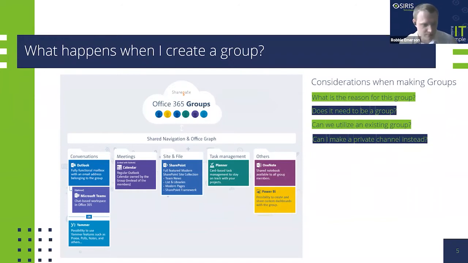It creates a Yammer site. It creates a shared calendar. It creates a SharePoint site. It creates a planner team. And it creates a shared OneNote. And what we're going to do today is talk about when you create a group and it creates all of these things, why we may use any one specific application and why and how that might benefit you.